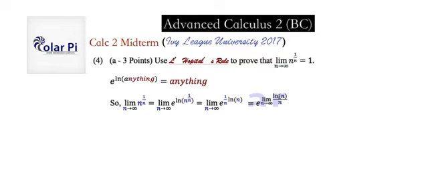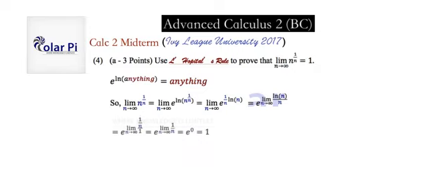Since we have infinity over infinity, L'Hopital's rule says that we can take the limit as n goes to infinity of the quotient made of the derivative of the numerator divided by the derivative of the denominator. Not the quotient rule for derivatives, but just the derivative of the numerator by itself, and the derivative of the denominator by itself, and then take that quotient and send n to infinity. It will be the same as finding the limit as n goes to infinity of ln of n over n.